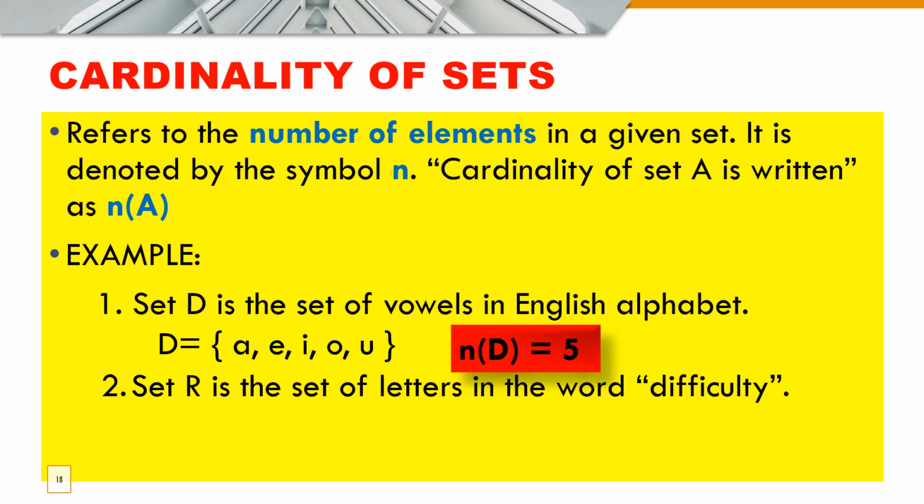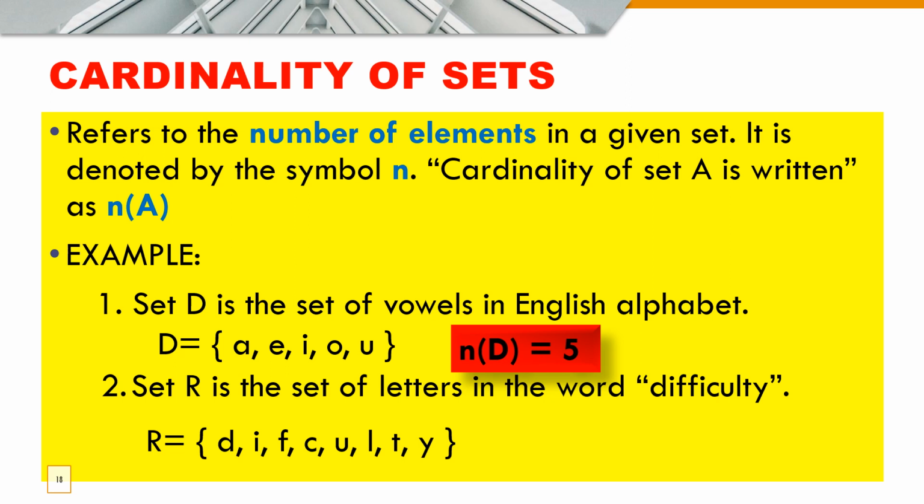Next, set R is the set of letters in the word difficulty. Can you name the elements of the set R? Right. Remember, again, in writing the elements, we list the element only once.